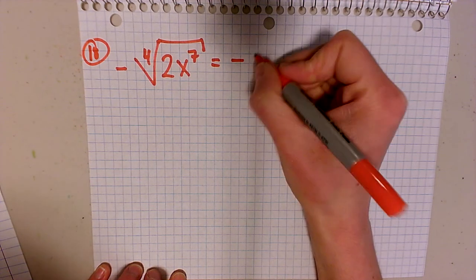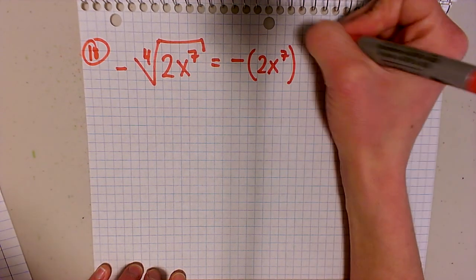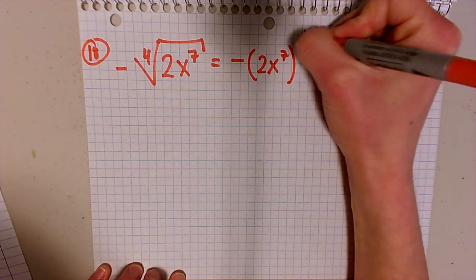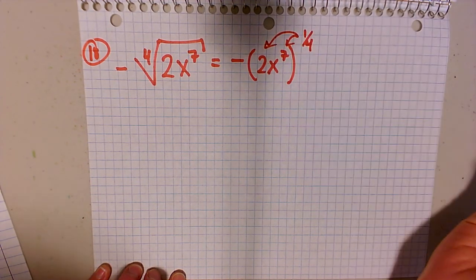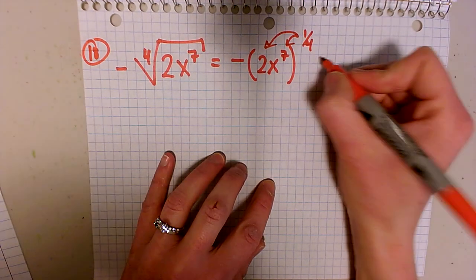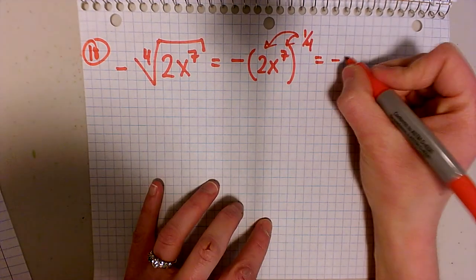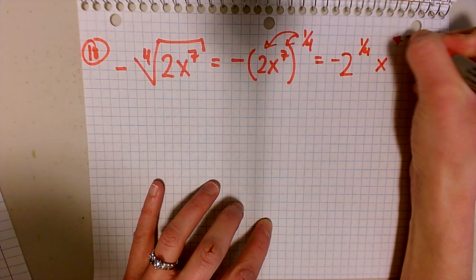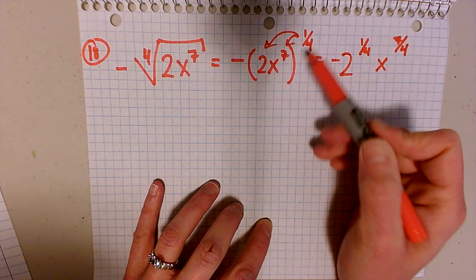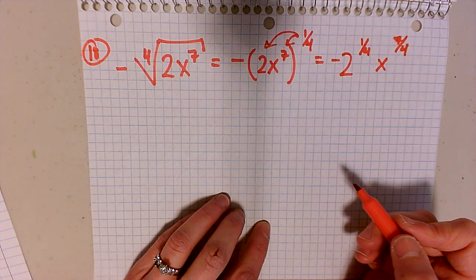So we keep our negative on the outside, 2x to the 7th, throw that in parentheses, and that whole thing is raised to the 1/4. And then the 1/4 applies to both things on the inside. So we'll have, let's see, that'll be a negative 2 to the 1/4, and then x to the 7/4. So I did 1/4 times 7, and I get 7/4. And that's the end.